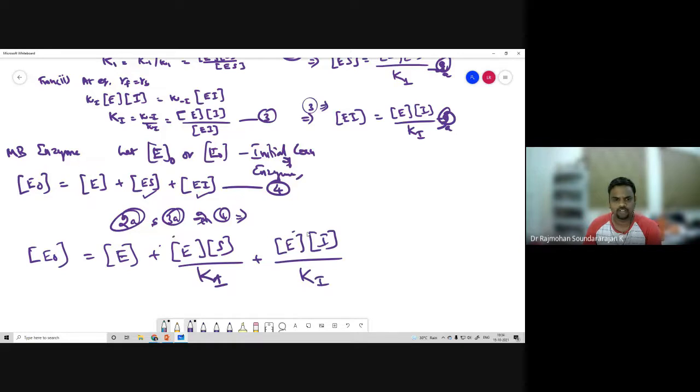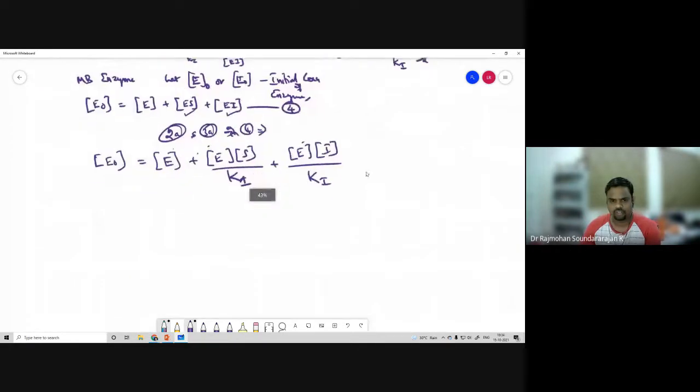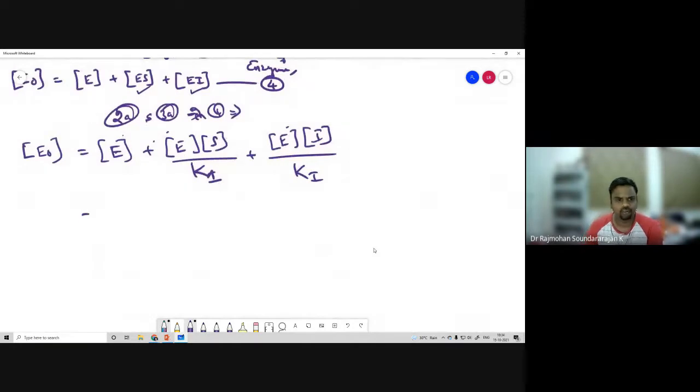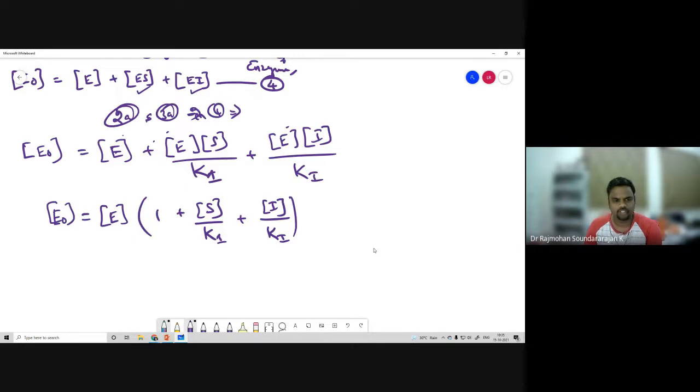Here E is common, so we can take E outside: E into 1 plus S by K1 plus the concentration of I by Ki. These are capital K. So you have E naught. Rearranging, E is equal to E naught divided by 1 plus S by K1 plus I by Ki.